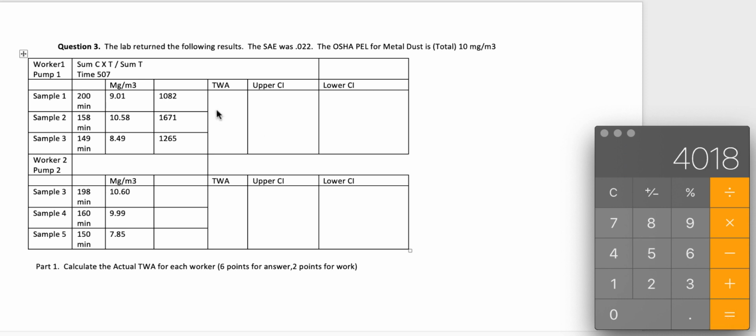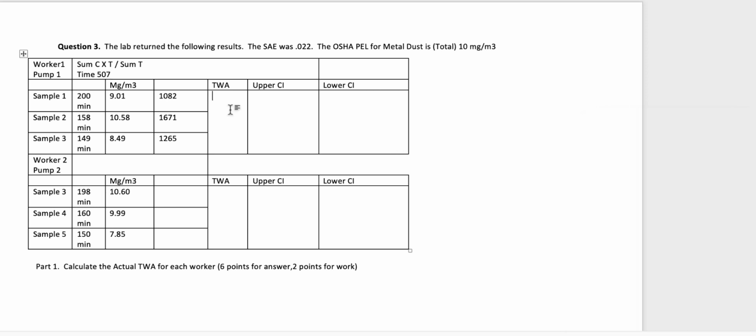So there's my sum of concentration times time, and now I'll divide by my sum of time. And my time-weighted average is 7.925 milligrams per cubic meter.